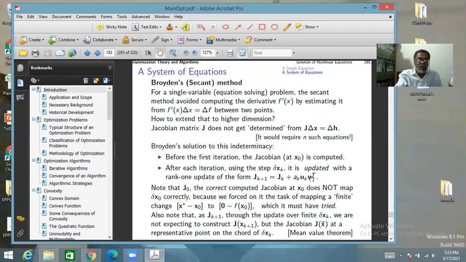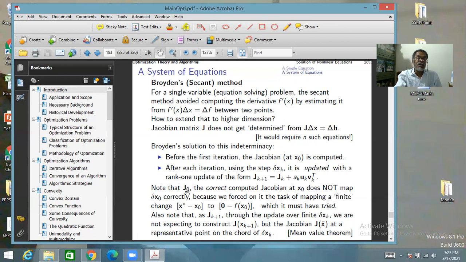Now the question is, what ak, uk, vk should we use to get a correct or useful update for the Jacobian, which serves our purpose?